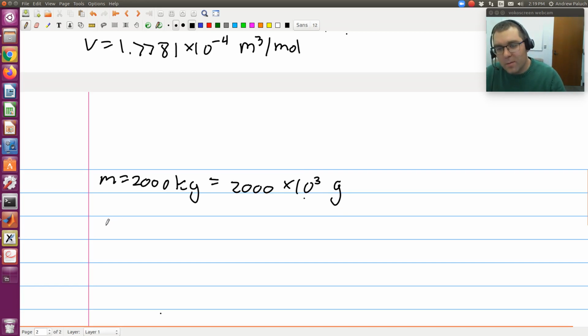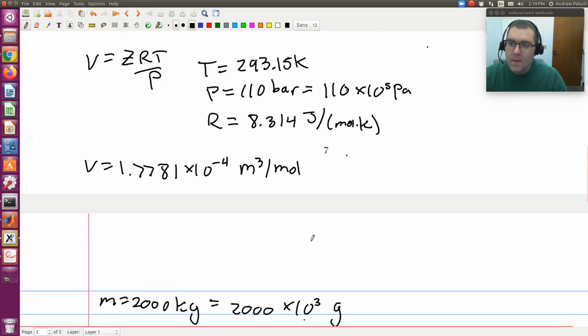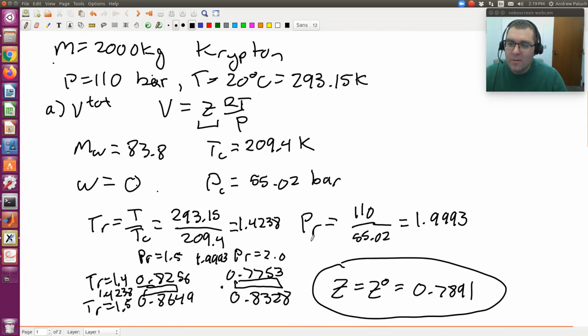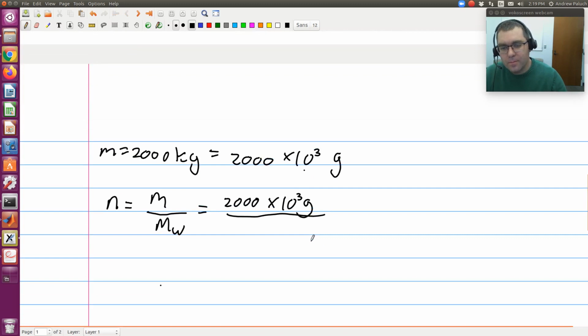If I want the number of moles, N, the number of moles will be equal to the mass in grams divided by my molecular weight in grams per mole. So this would be 2,000 times 10 to the 3 grams divided by a molecular weight of 83.8 grams per mole.